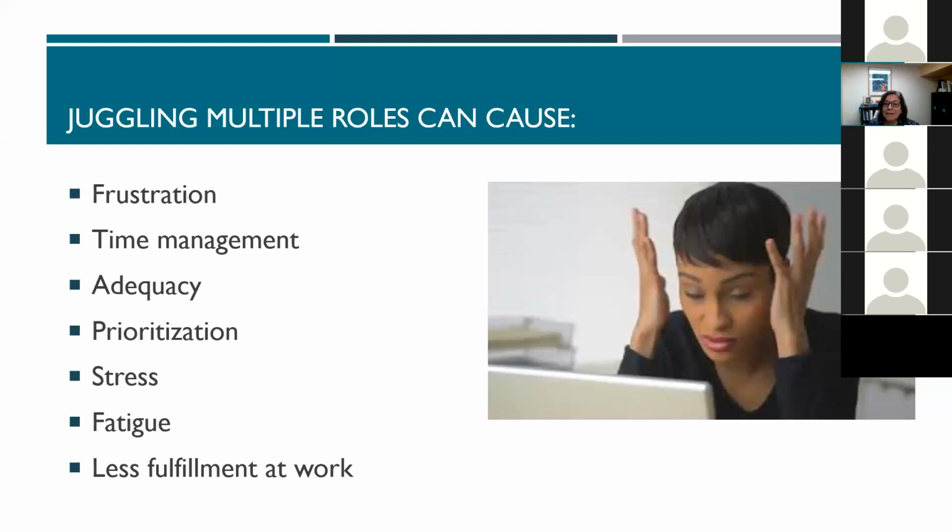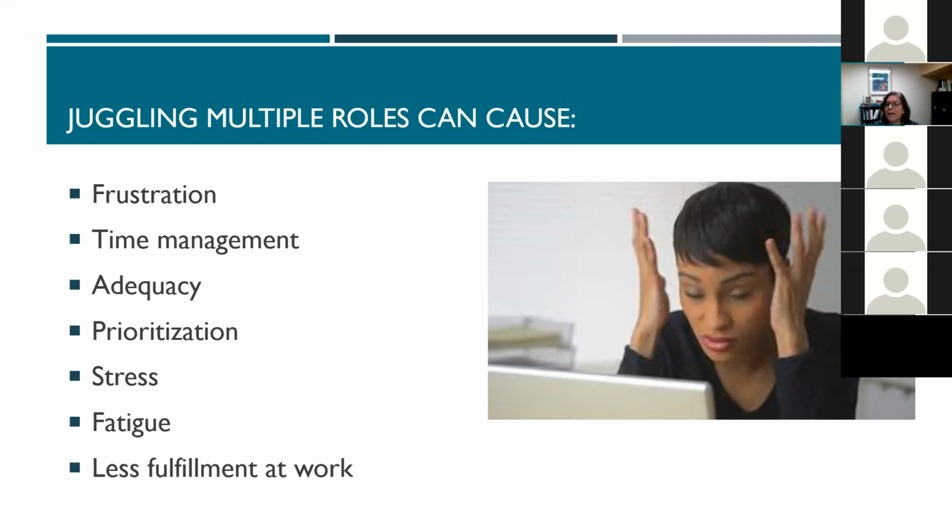There might be time management difficulties, especially when you have your prioritization set so you know what you're going to do, but then other needs come up. Also, there might be some issues around the adequacy of staffing, so everyone is trying to cover what they can.